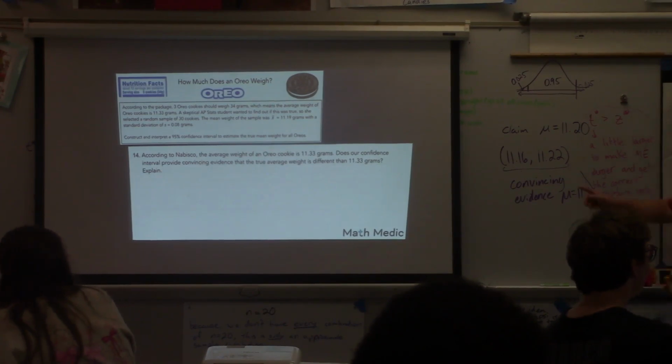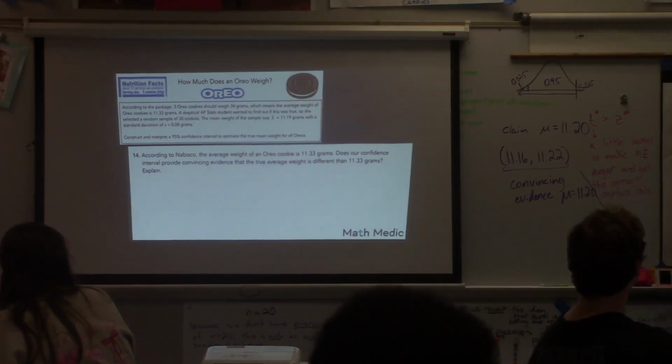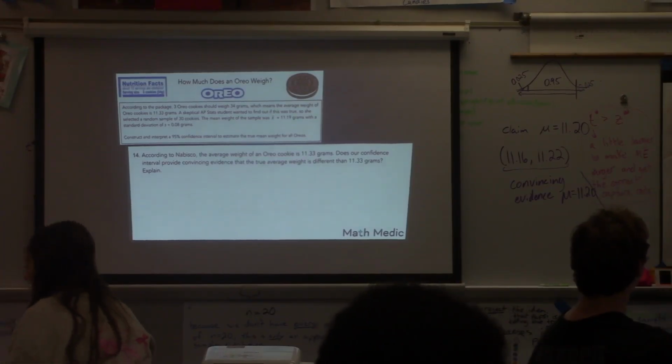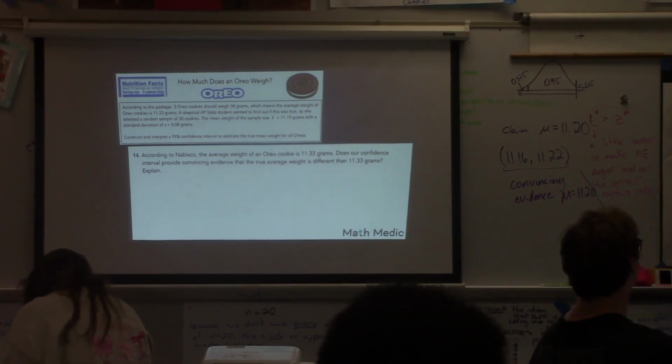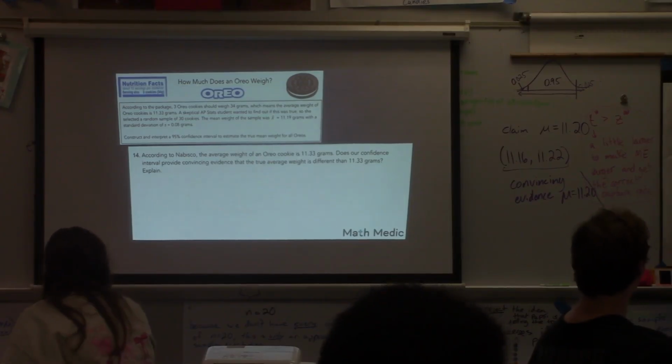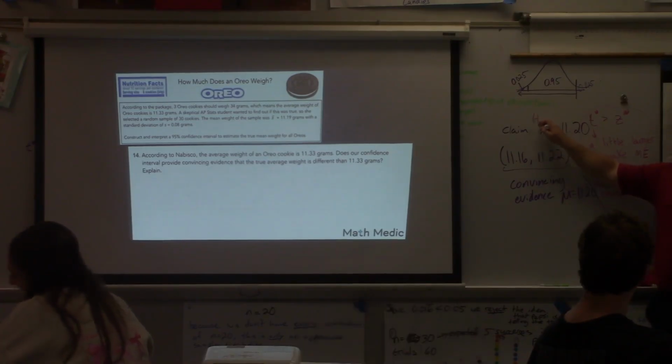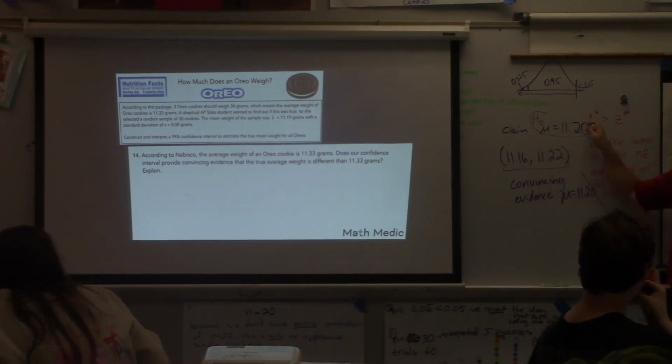So, do we have convincing evidence that mu is 11.2? No, it's only plausible. It could be, but we don't know mu is 11.2. We never prove the null.